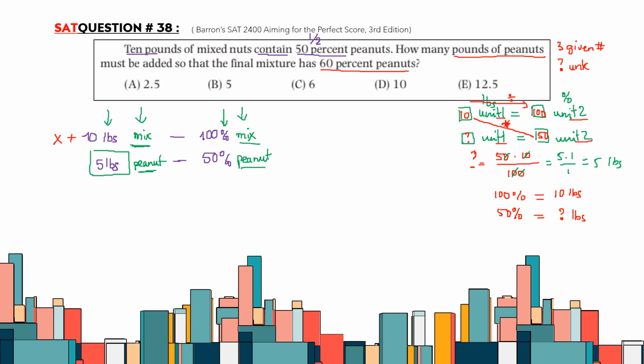How many pounds of peanuts do I have to add? So if I add X pounds of peanuts, my mixture right now will be X plus 10 pounds. At the same time, because I add only peanuts, I add X to this side too. Because I add that, this one increases by 10% and now becomes 60%.